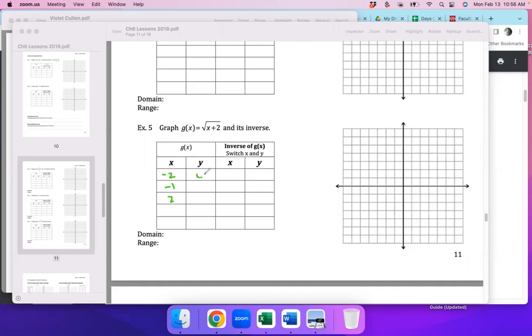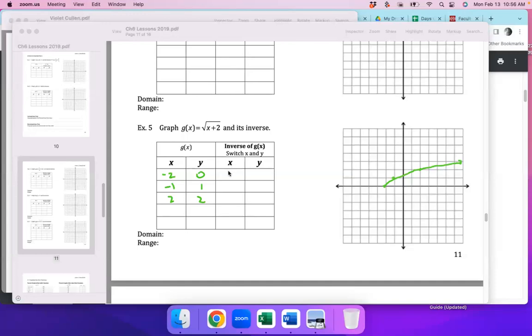So I get 0, 1, and 2, right? That's easy. -2, 0, -1, 1, and 2, 2. How can you plug in -2? -2 plus 2 is 0. Square root of 0 is 0. 0 times 0 is 0. Right?